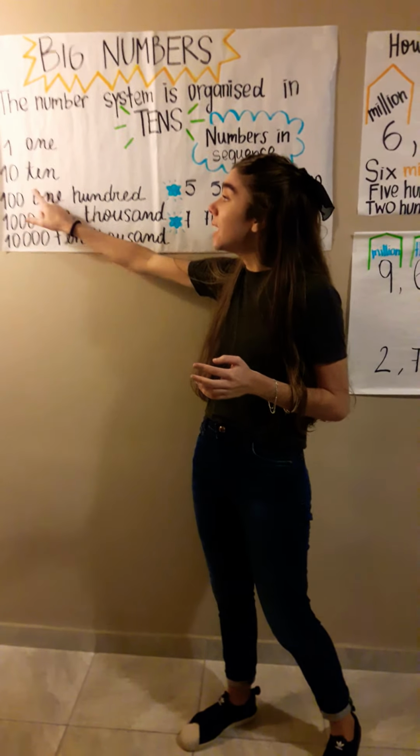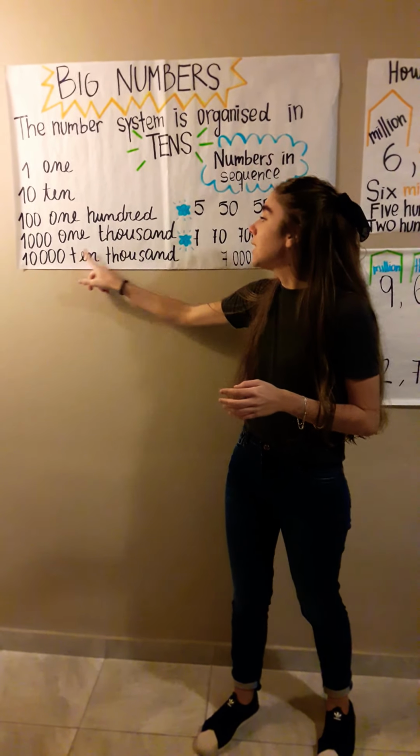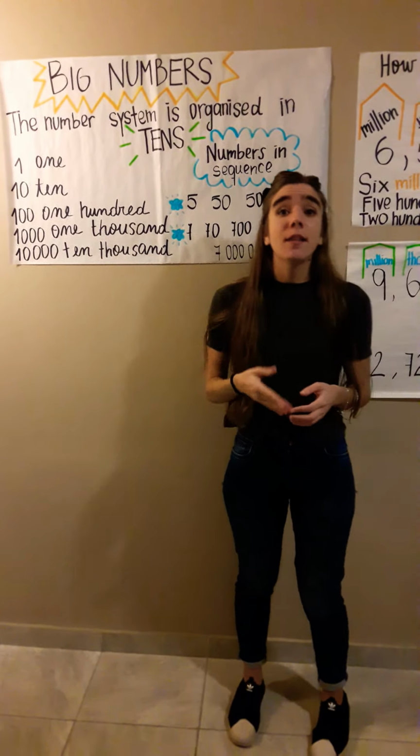Then 10 times 100, 1000. And then we will have 10,000. So 1, 10, 100, 1000, 10,000. Remember that we also have the unit 1 million, or the unit million, okay?